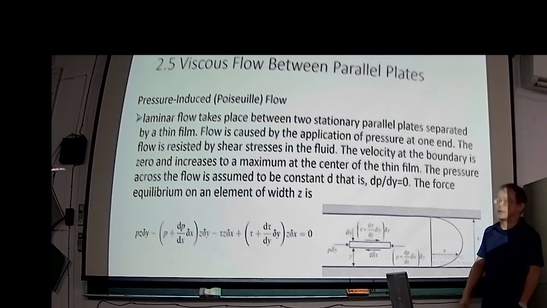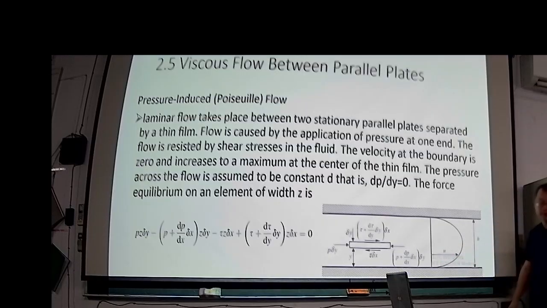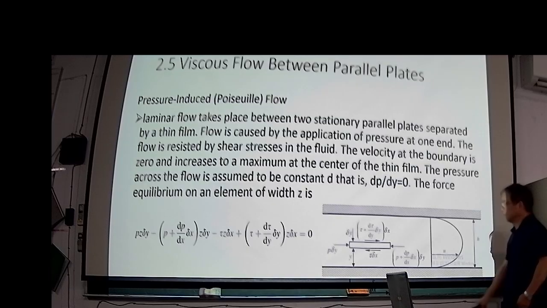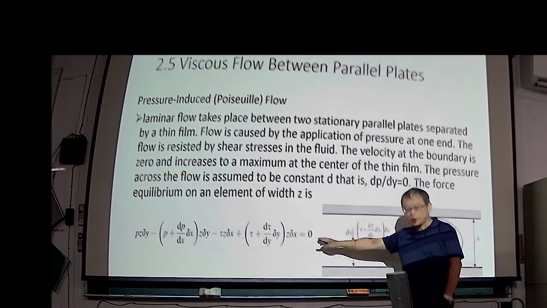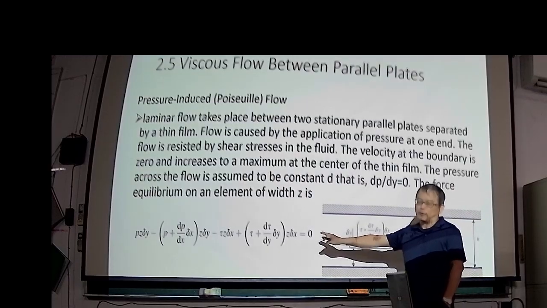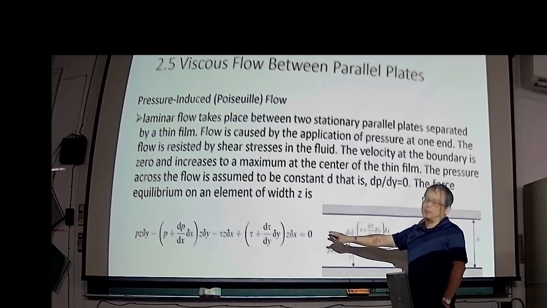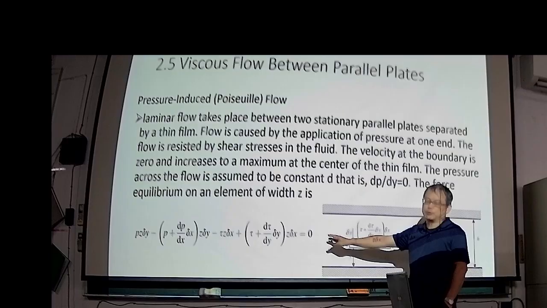So this makes your derivation of the formula easier. Okay. So first we consider the pressure induced flow. So we have two surfaces and you have lubricant pumped from the pressure supply system.